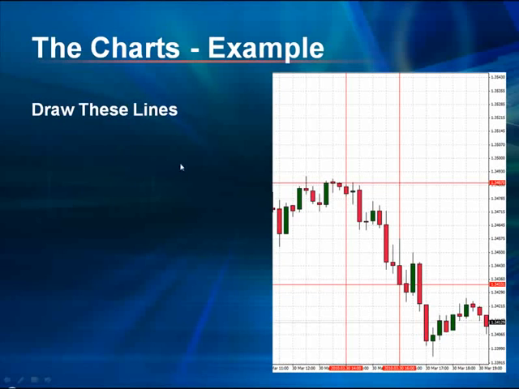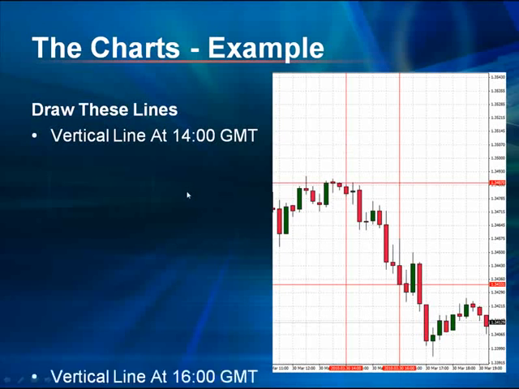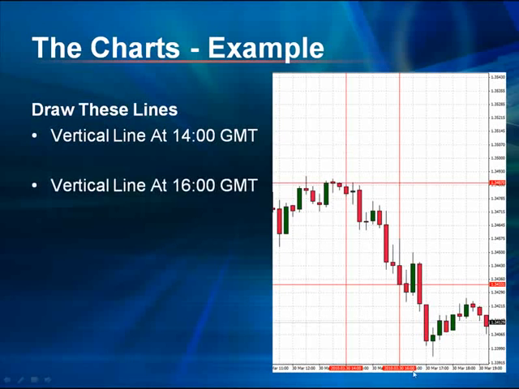Just to show a clearer example before we move on and show you this in MetaTrader, we're going to open a 15-minute chart, and then we're going to draw 4 lines on that chart. We're going to draw a vertical line at the 1400 hour, straight up with just a single click in MetaTrader. I'll show you how to do this in a second. We're going to draw a vertical line at 1600, again just a single click.